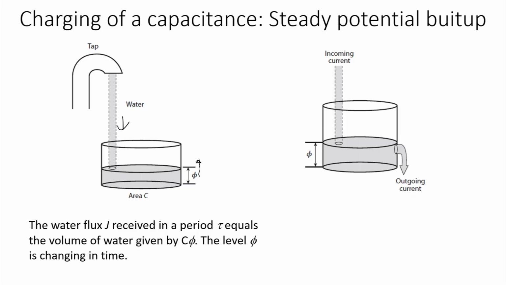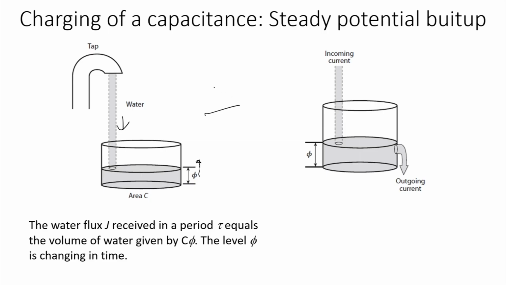This is something like Kirchhoff's current law. So, at a junction current is coming in, and it can come from different branches. If I1 and I2 are incoming, and I3 is outgoing, then I1 plus I2 will be equal to I3. Here we are considering just two components.